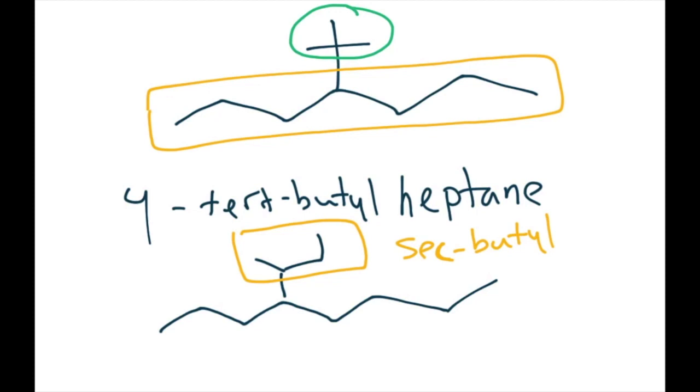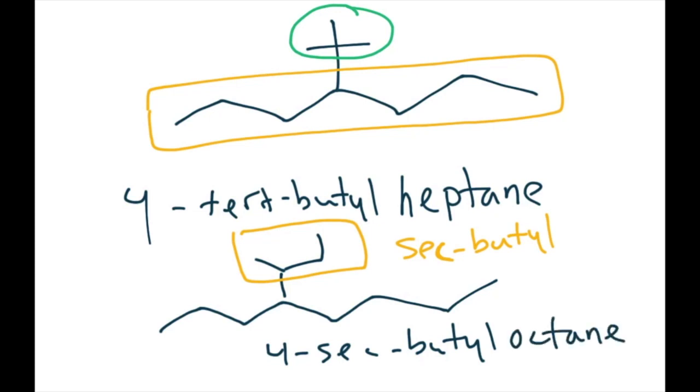So this would be 1, 2, 3, 4, 5, 6, 7, 8. This would be 4-sec-butyloctane. So this is letting us cheat on using the chain that has the most substituents because we have these groups we know how to name.